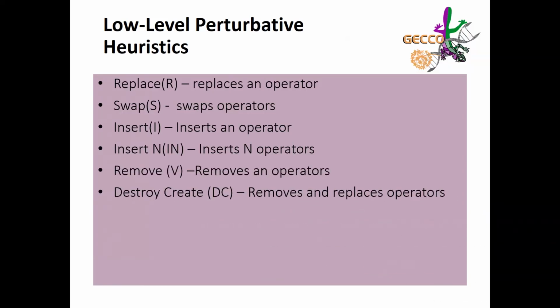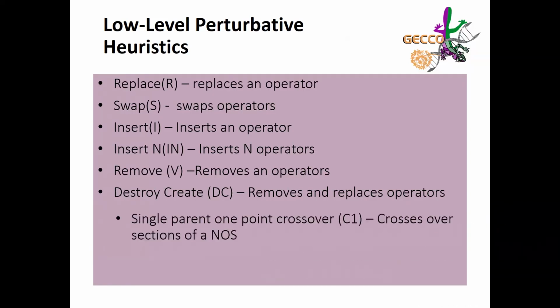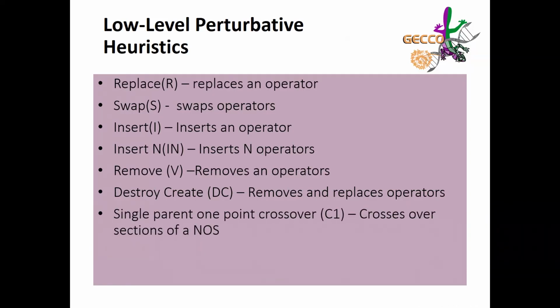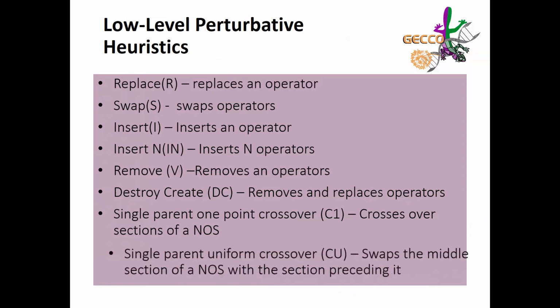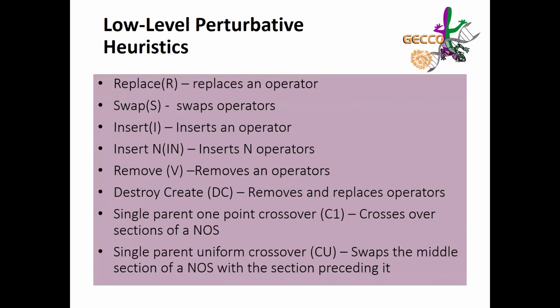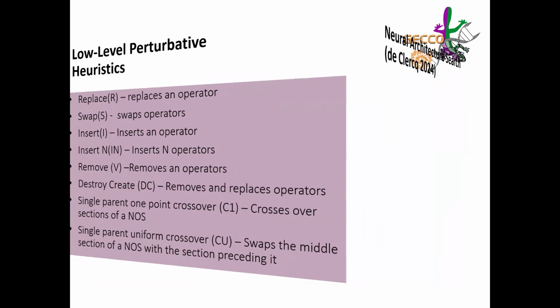The typical destroy and create, which is very powerful; no matter which area we work in, destroy and create works very, very well. And then a single point crossover within a NOS, single parent crossover, and uniform crossover, which swaps the middle within that NOS as well. Different crossover operations on your single string. Those were the types of heuristics used.